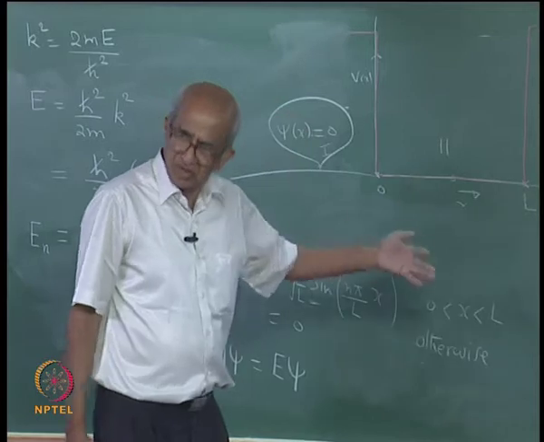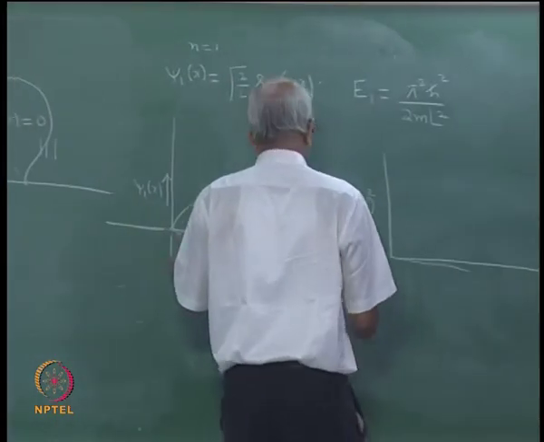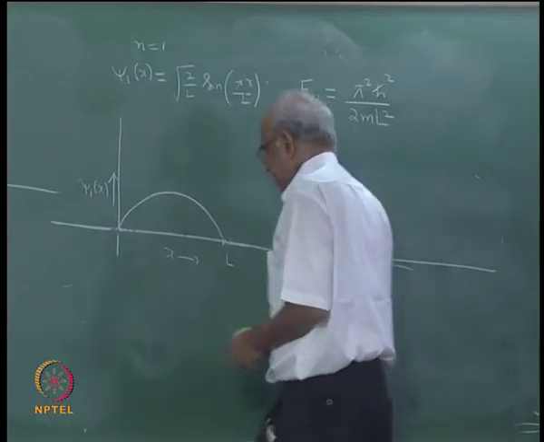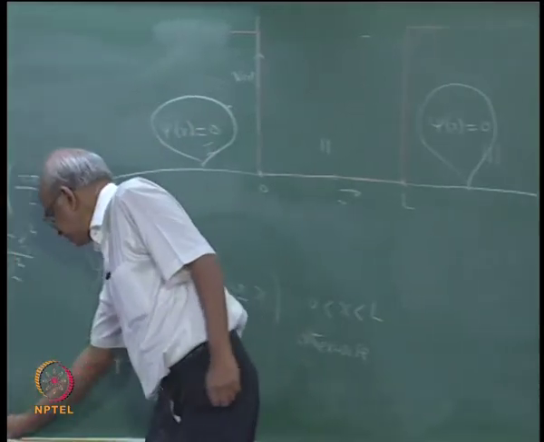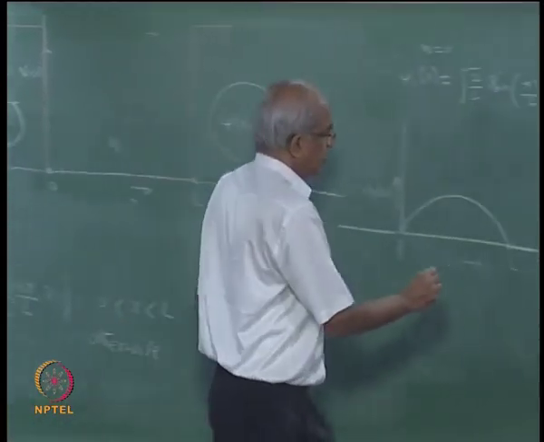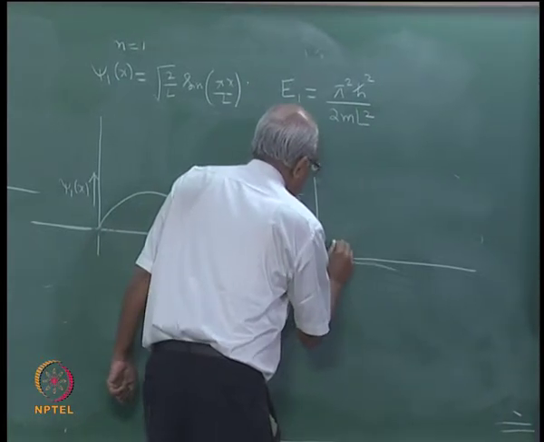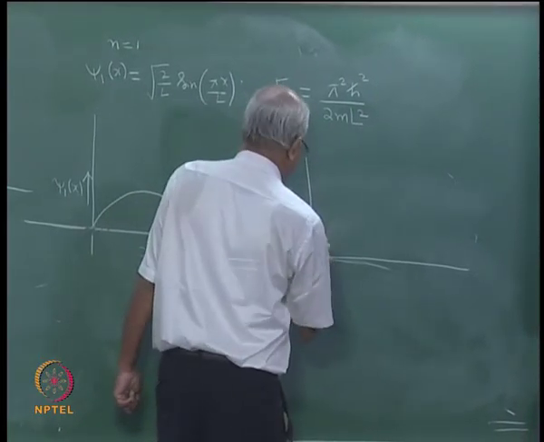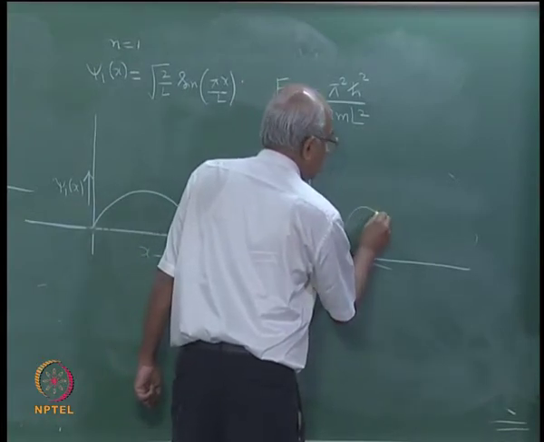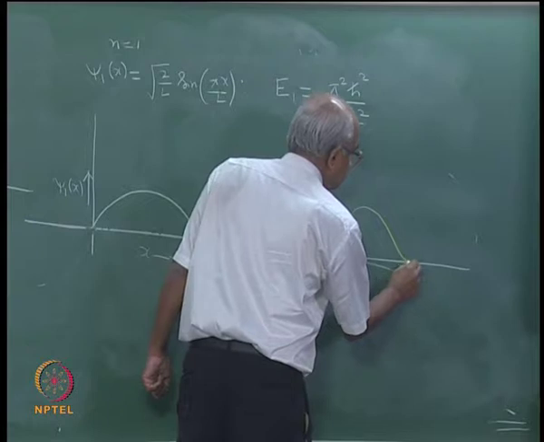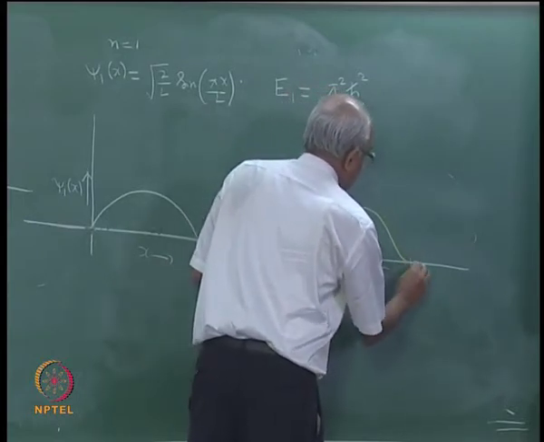It would look roughly the same, but there are slight changes. The way it behaves near x equal to 0 is changed. If you make a plot of it, it would look like this. So, that is how the function would look.